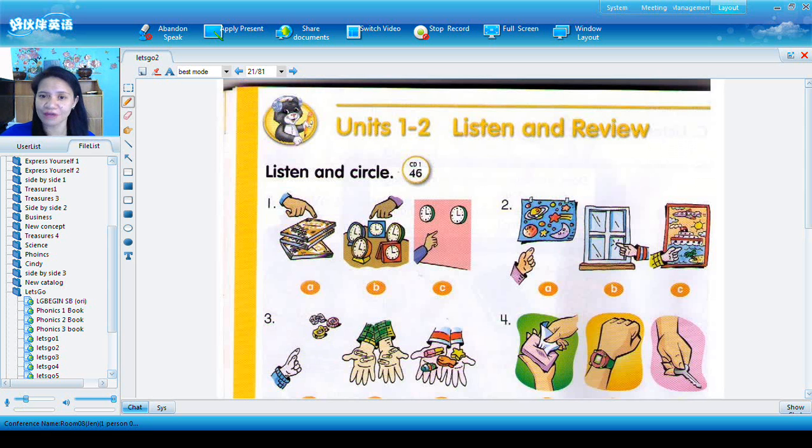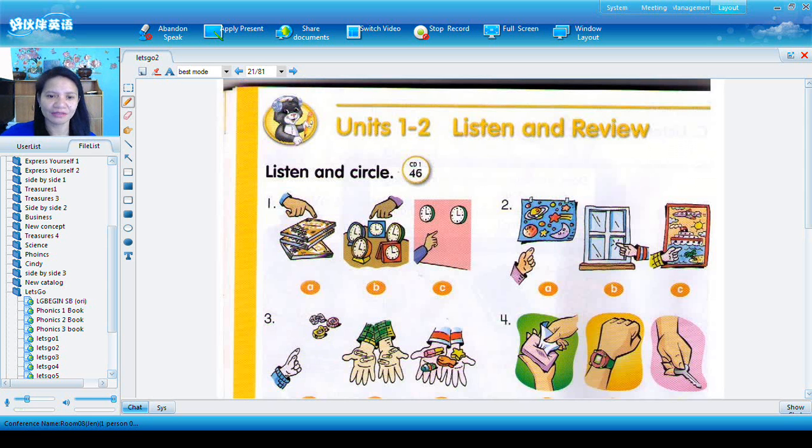You use the word those if there are two or more and they are far. And you use the word these if there are two or more and they are near. Okay? So again, the use of that means only one and it is far. The use of this means only one and it is near.